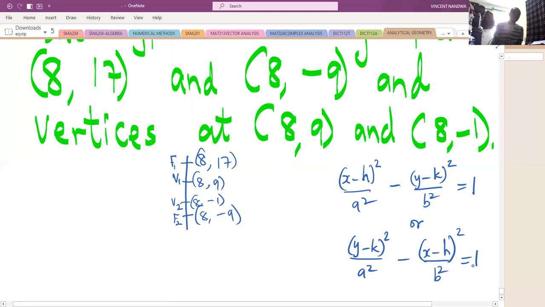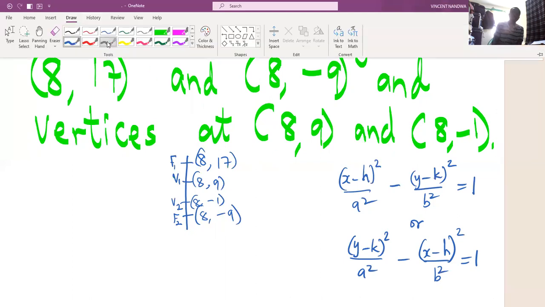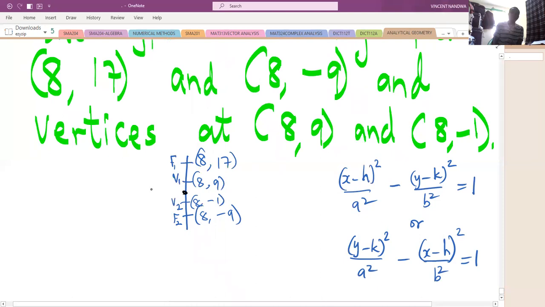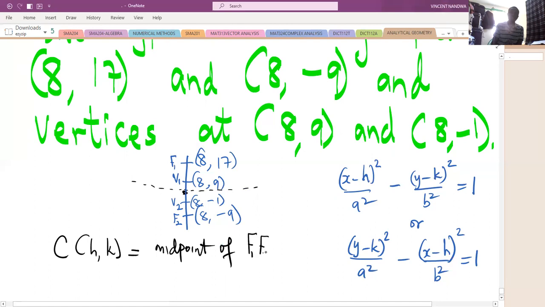You know that the center is the midpoint of the line joining V1, V2, or F1, F2. So the center, which has coordinates (h, k), is the same as the midpoint of the line segment joining F1, F2, or V1, V2.